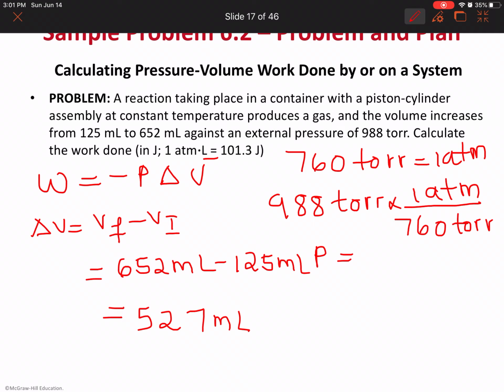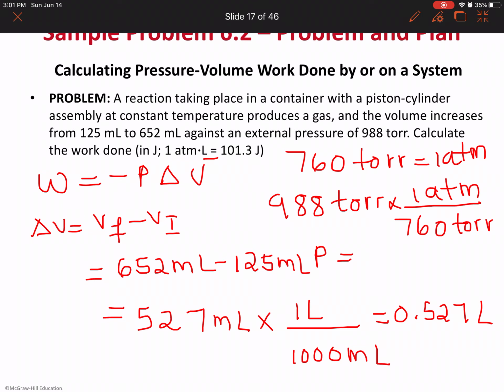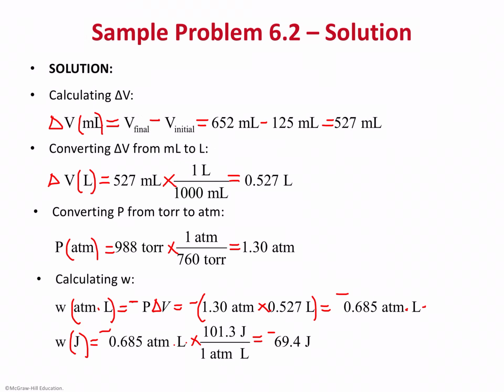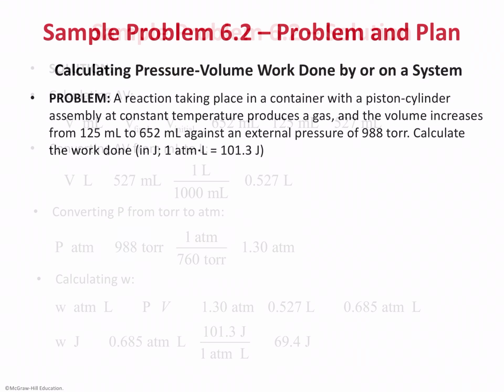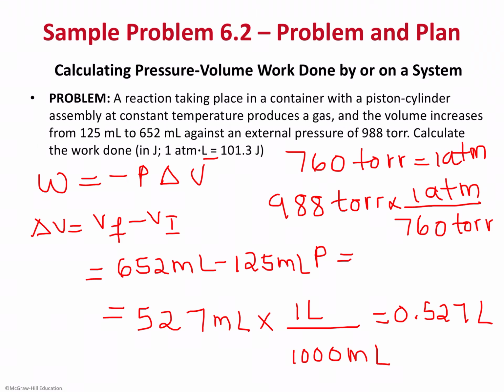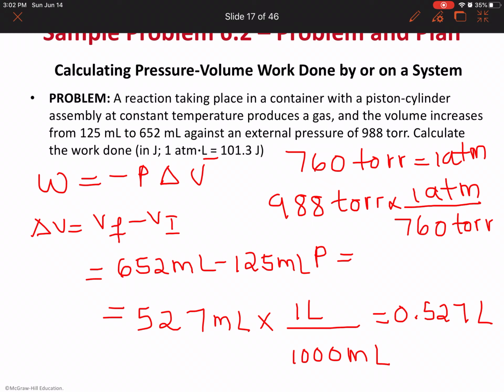How do you convert 527 milliliters to liters? We use 1000 milliliters equals 1 liter, which gives 0.527 liters. And the pressure, when you convert it to atm, would be 1.30 atm.